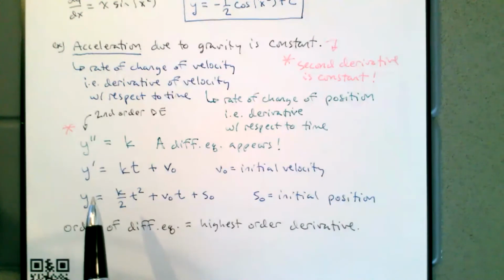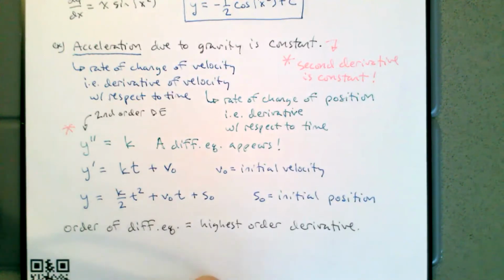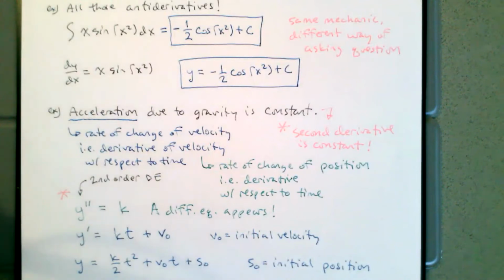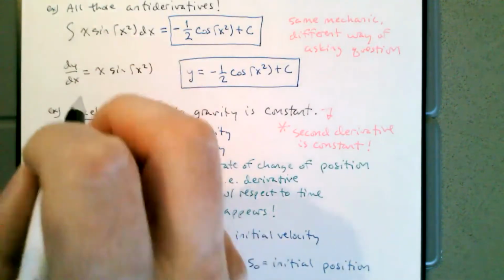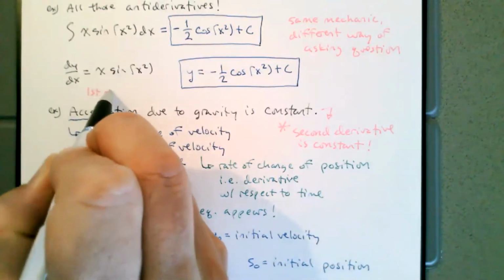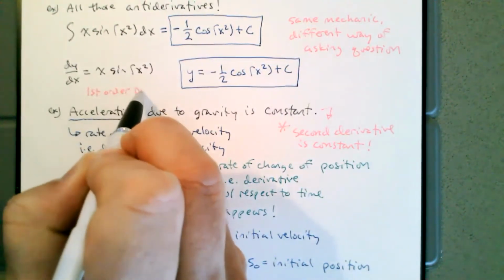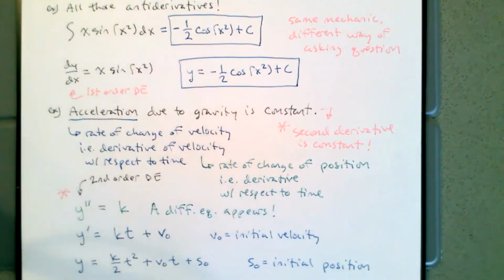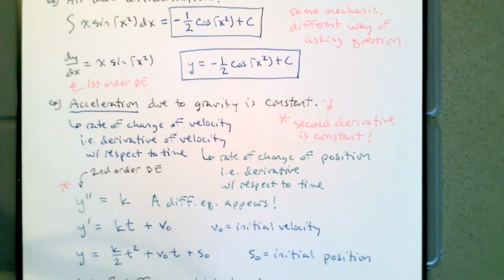All the derivatives and functions are to the first power. So there's all kinds of ways we classify things. dy/dx up here equals x sine x squared is a first order equation. So that would be a first order ordinary differential equation.